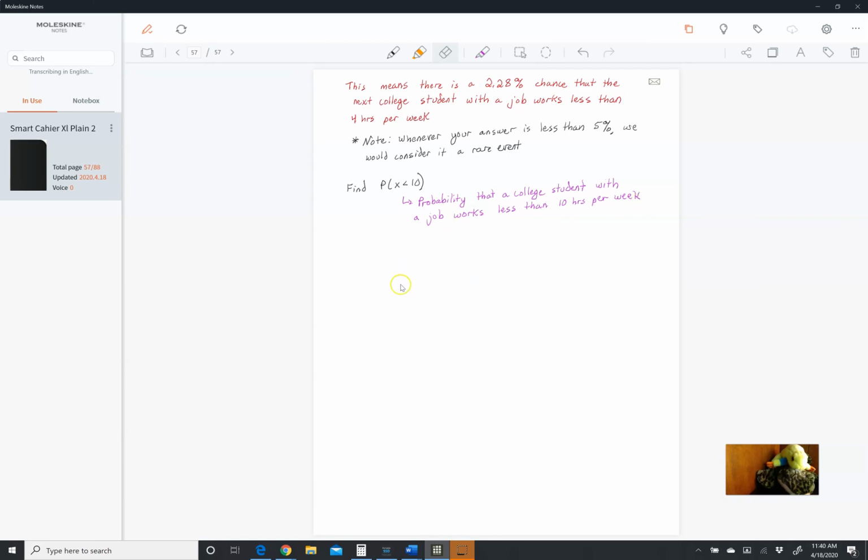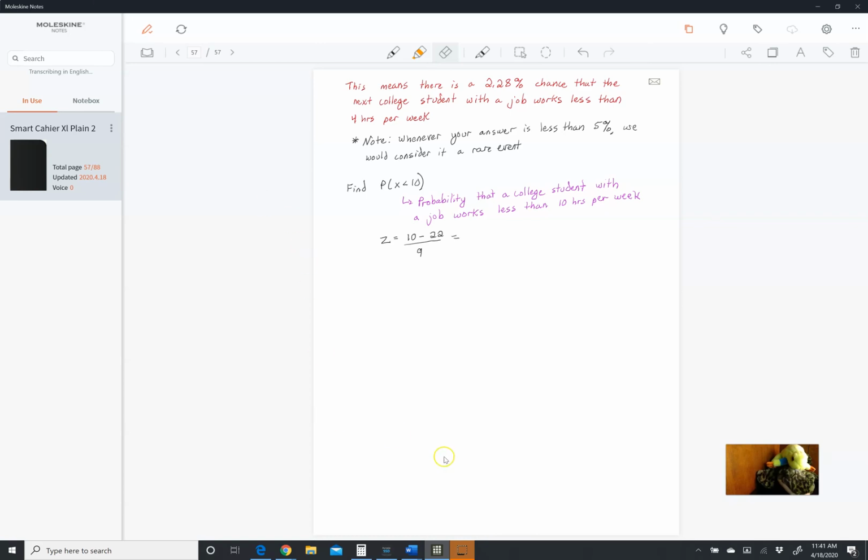We're going to use the Z-score chart, but in order to use the Z-score chart, we have to find the Z-score. So we're using the same mean and standard deviation. So this time it's going to be 10 minus 22 over our standard deviation, which is 9.